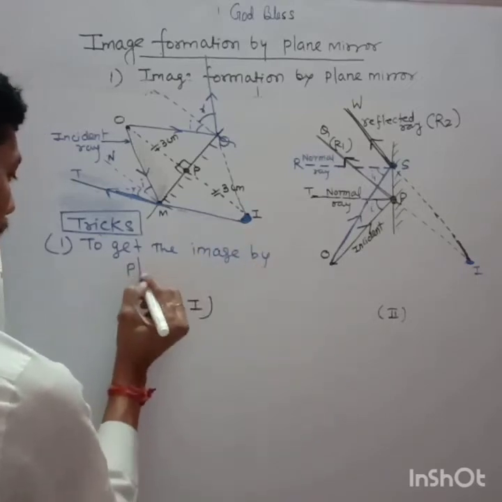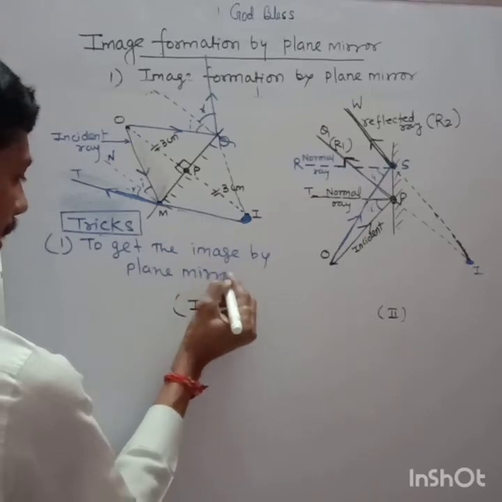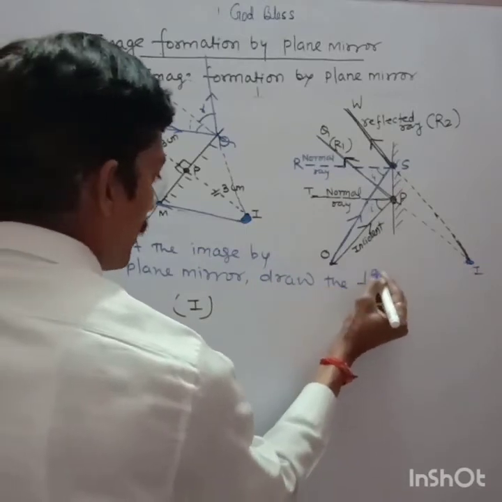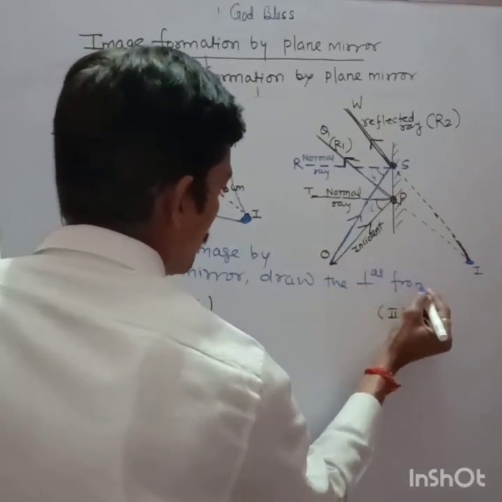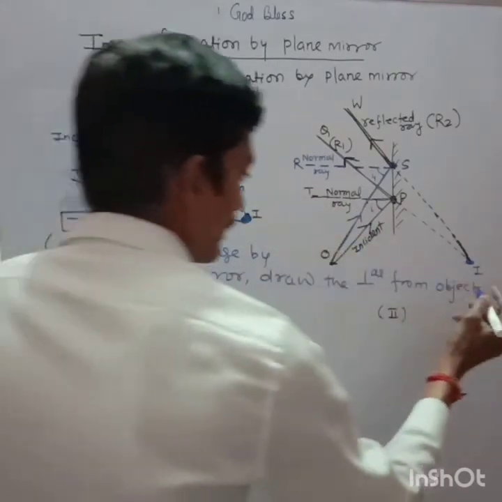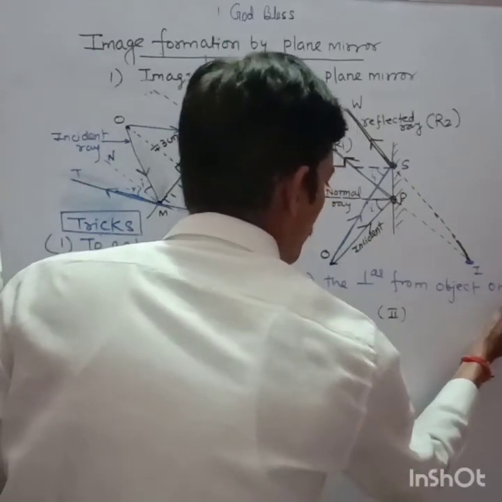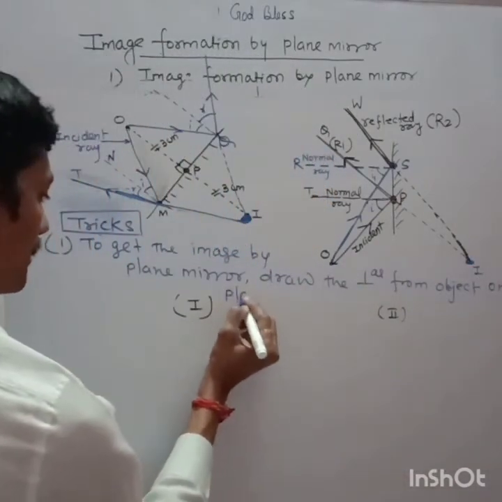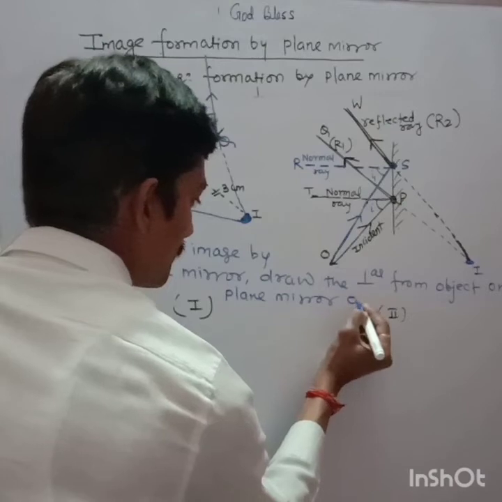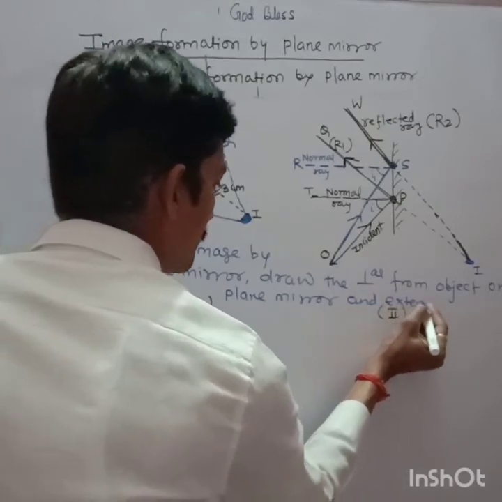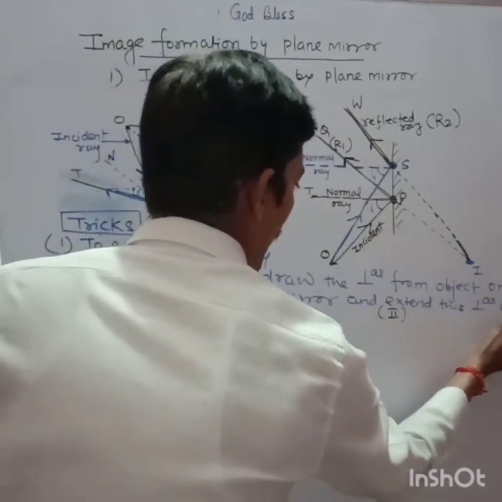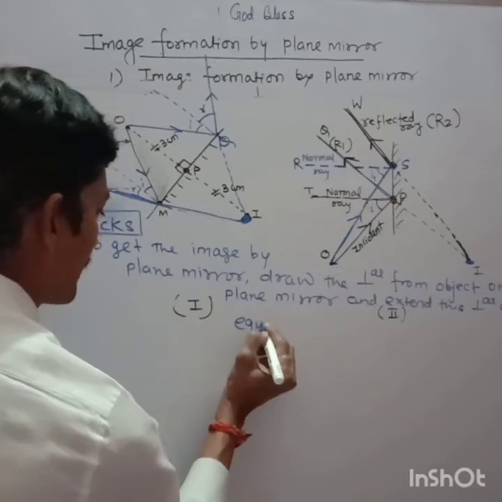The trick is: to get the image by plane mirror, draw the perpendicular from the object on the plane mirror, and extend this perpendicular at equal distance.